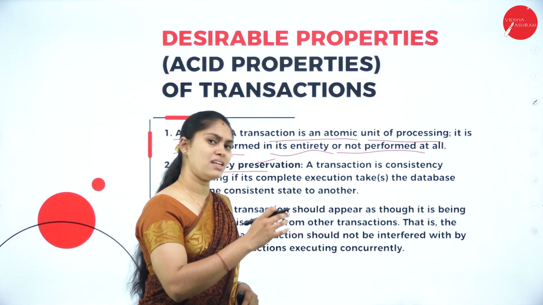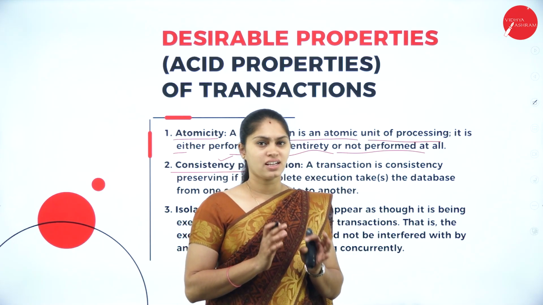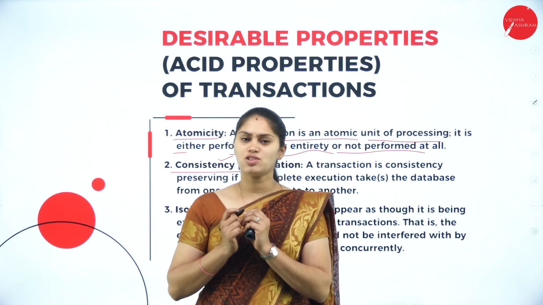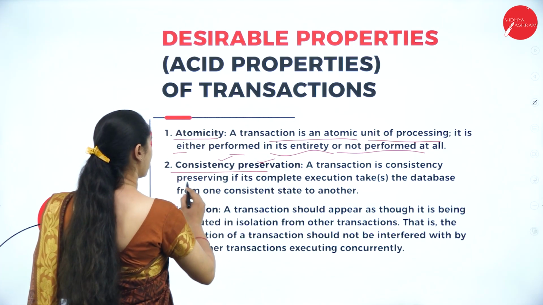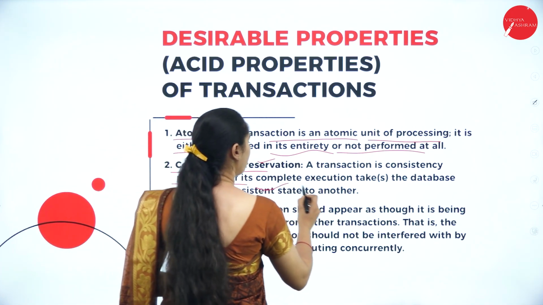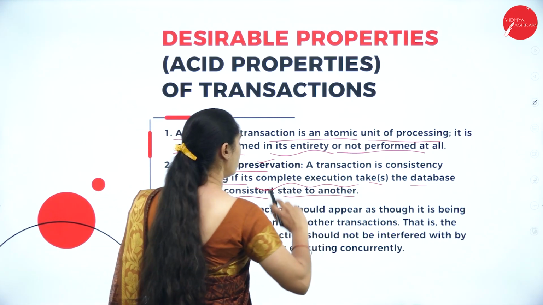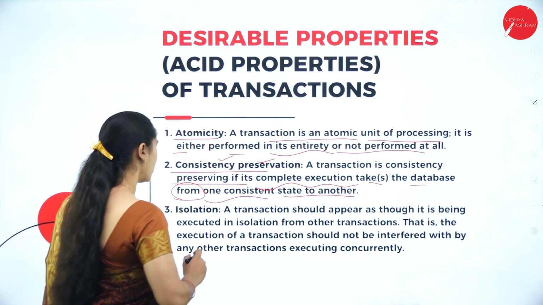If the amount is not deducted from your account, then the account balance should be consistent. If it is deducted, then you get a message and it has to reach back to the consistent state itself. A transaction is consistency preserving if its complete execution takes the database from one consistent state to another consistent state. That is the second important property.